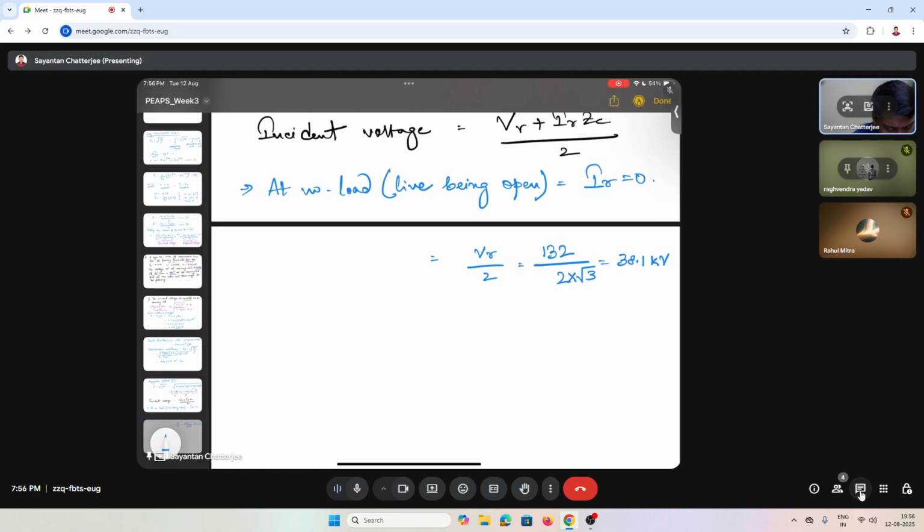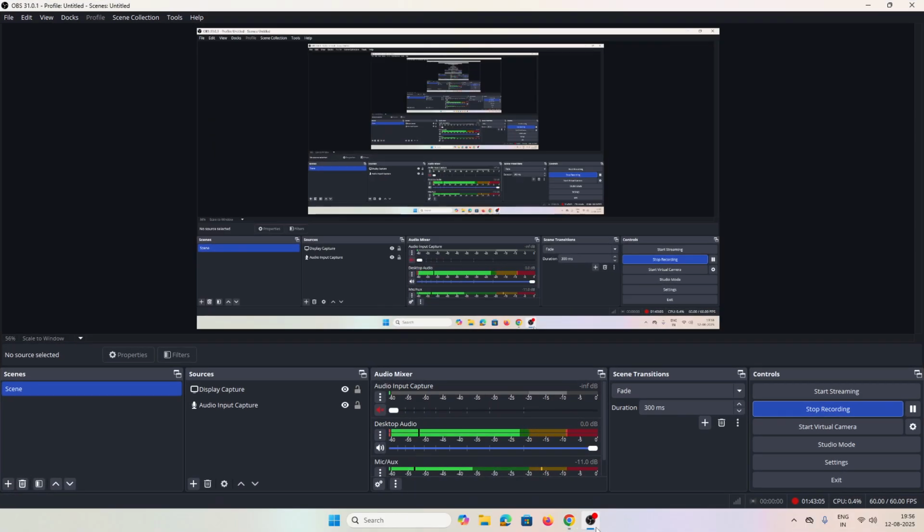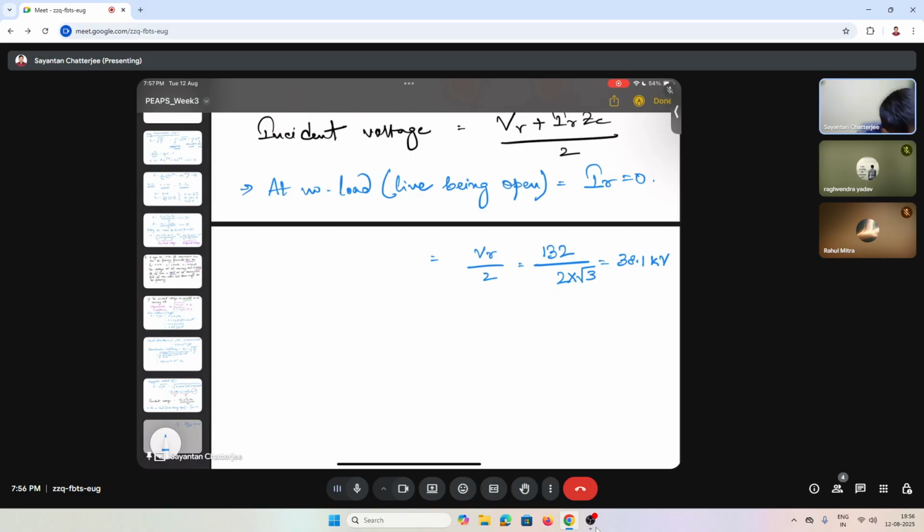So I hope it's clear. From this part, it's clear, right? Yes. Okay, so moving on to the next part of the question. Reflected voltage value will be the same, right? Yes, same. Calculate the reflected voltage.